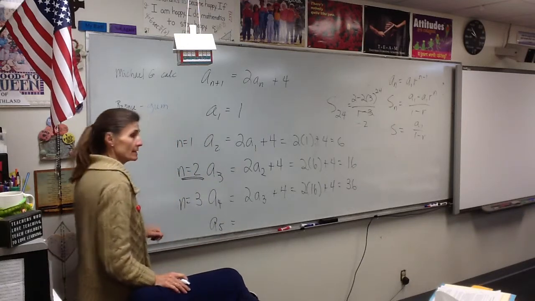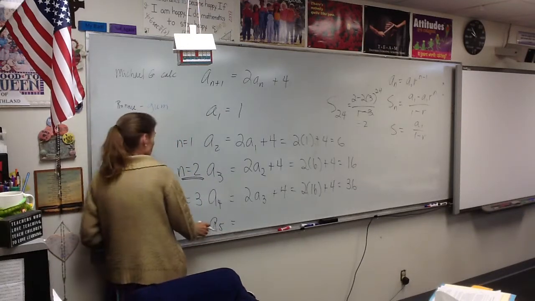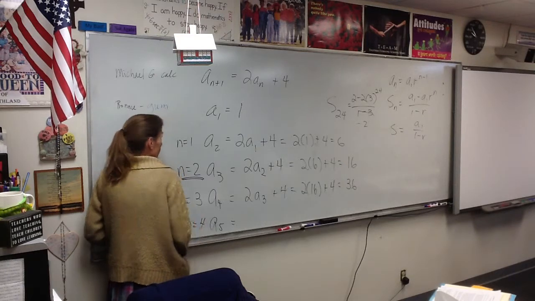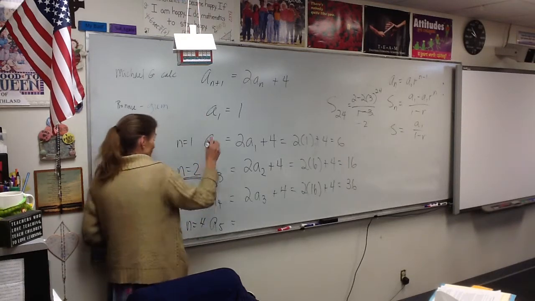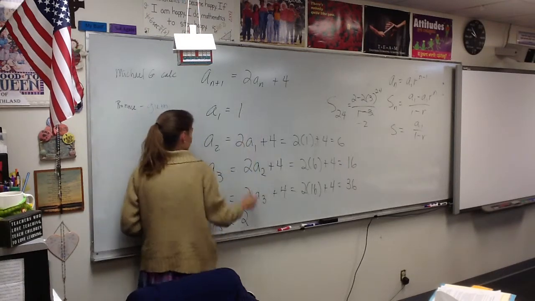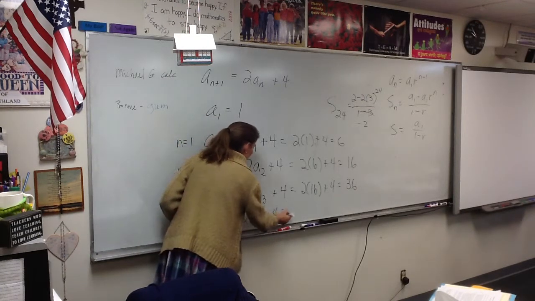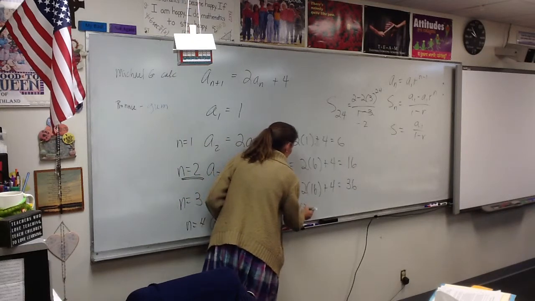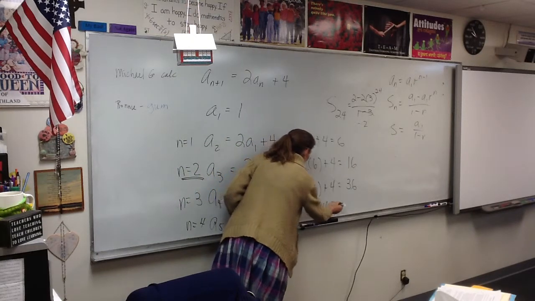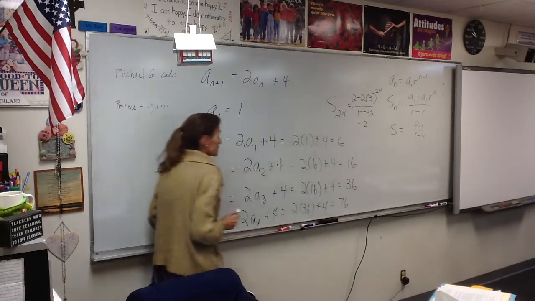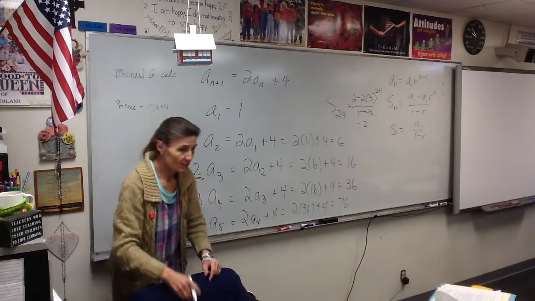And then finally, I can do A sub 5, which is what the question said. What will A sub 5 equal? 2 times A sub 4 plus 4. But A sub 4 is 36, so that'll be 76. So the answer is 76.